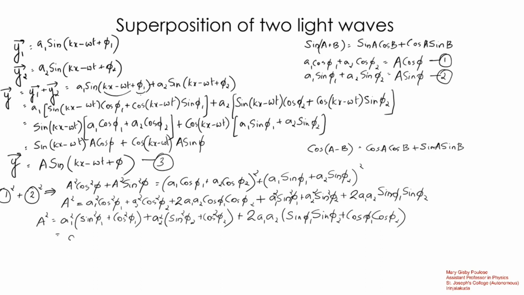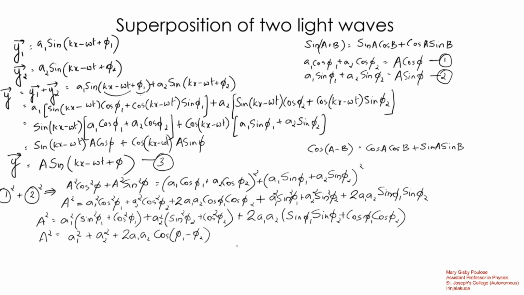Then this expression becomes A1 square into 1 plus A2 square into 1 plus 2 A1 A2 cos of phi 1 minus phi 2. A square is equal to A1 square plus A2 square plus 2 A1 A2 cos phi 1 minus phi 2.